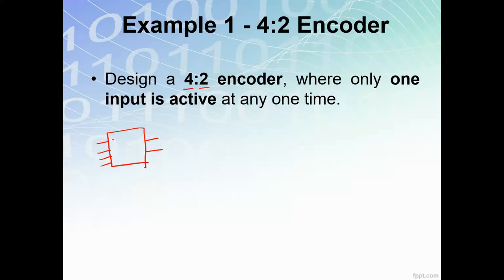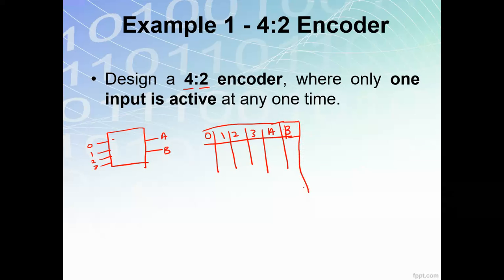Okay, so this is input 0, 1, 2, 3, okay, and then you have A and you have B. Right, so kalau kita construct dia punya truth table, you have 0, 1, 2, 3 dia punya input, and this is A and B as an output.